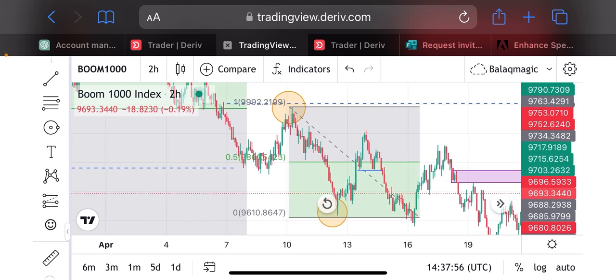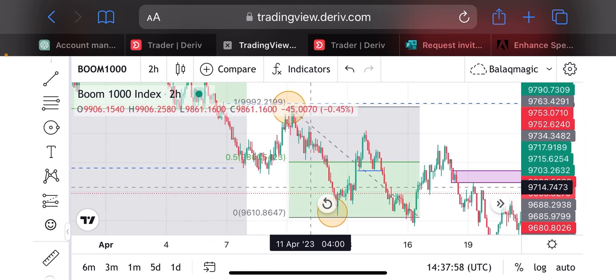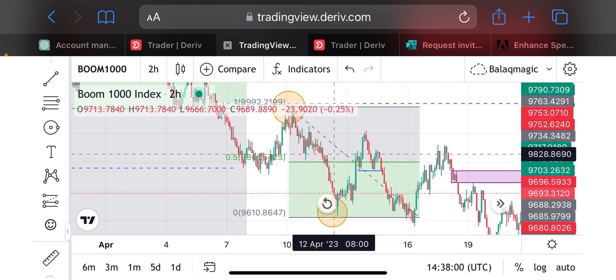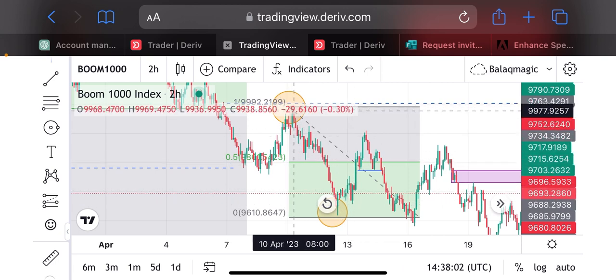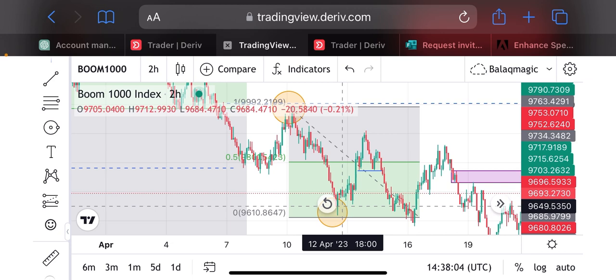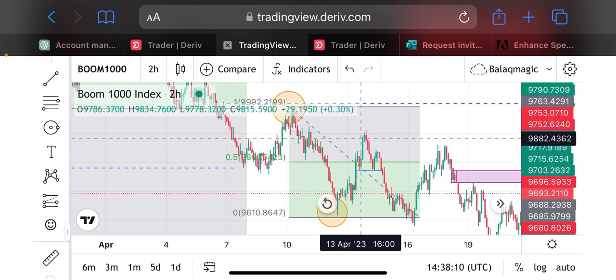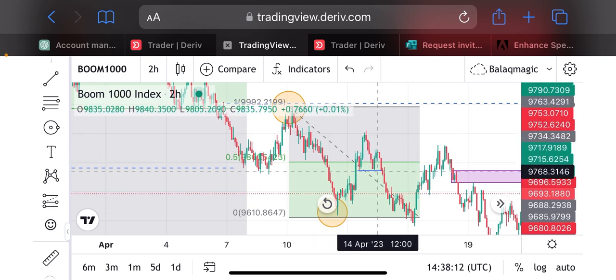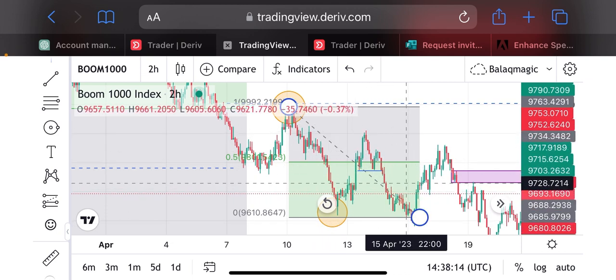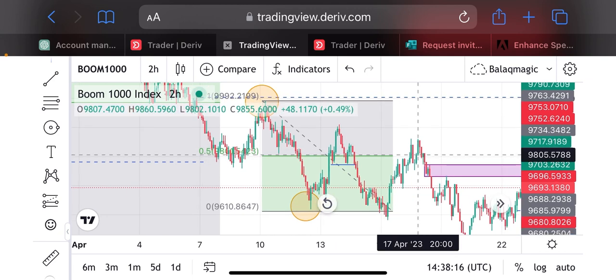So now this is our new range. I just drew the new range that is from here to here. In a range, there's internal liquidity and there's external range liquidity. So after creating a range, it has to come to take the internal range, and then after taking the internal range, it goes back down to take the external range.